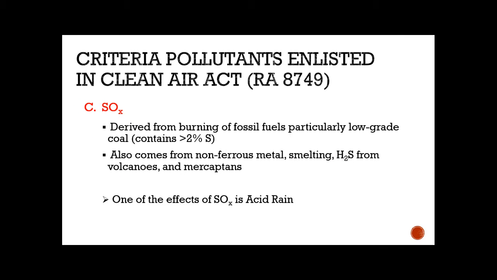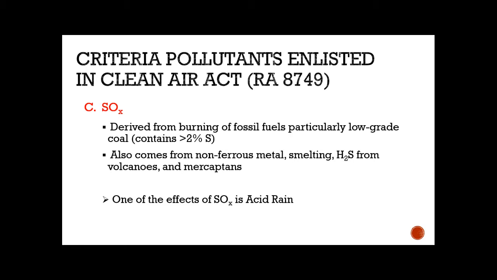Now, another criteria pollutant is SOx. SOx is derived from burning of fossil fuels and particularly burning of low-grade coal, because it has been found that coal contains less than 1% sulfur even if it's already a high grade.